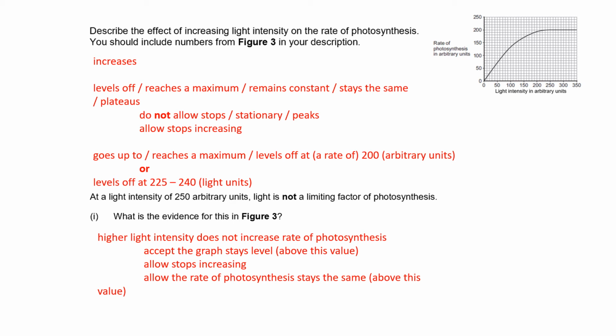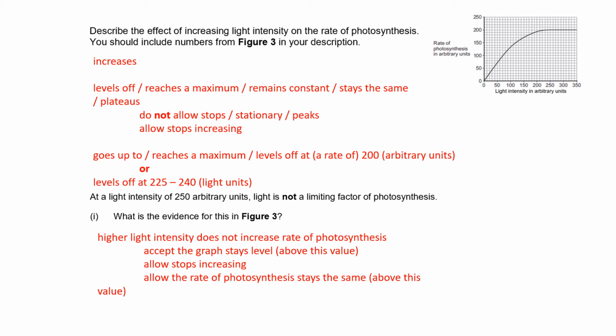Afterwards, the rate of photosynthesis started to level off or remains constant. Even if the light intensity goes up, the rate of photosynthesis will not increase. And the point of levelling off, you're going to say that is about 225 to 240 light units.